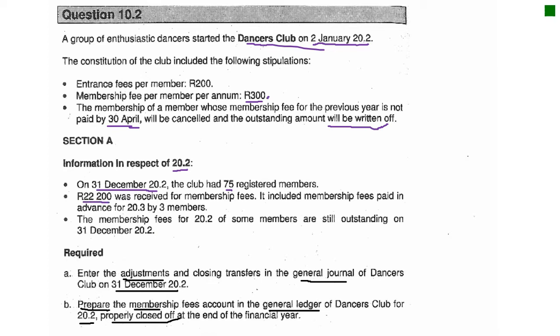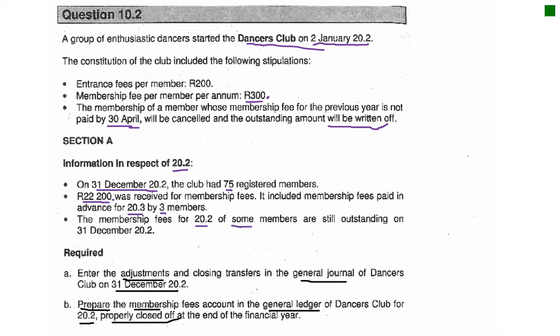Received means that's money we got into the bank account. And this included membership fees paid in advance for 2003 by 3 members. So in that 22,200 is this year's membership fees plus 3 members that paid in advance for the following year. And for 2002, some of the members' membership fees are still outstanding.